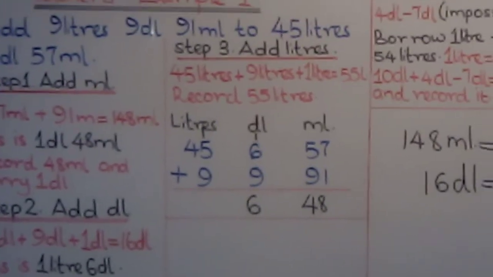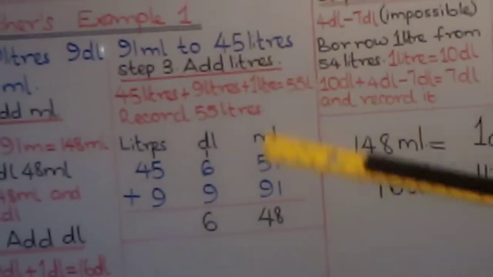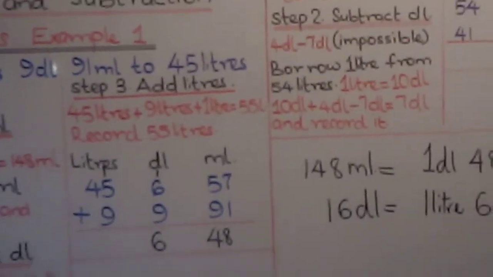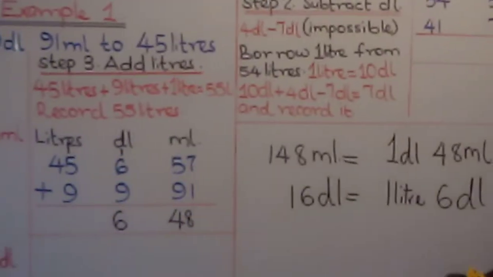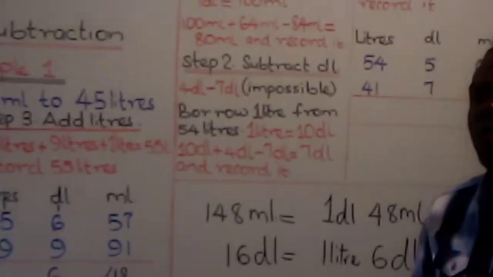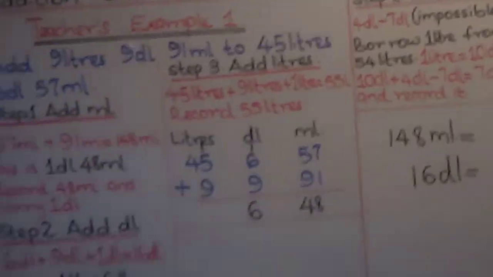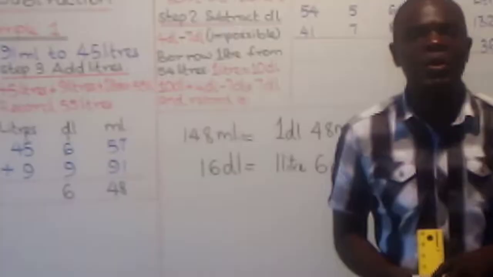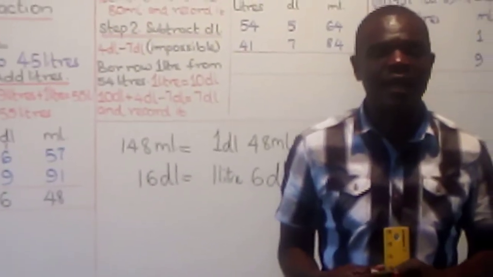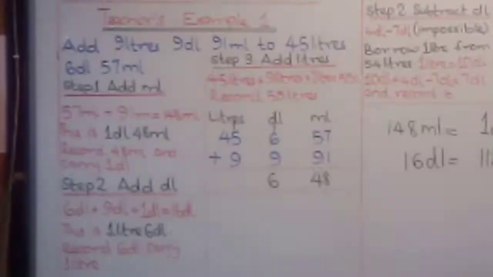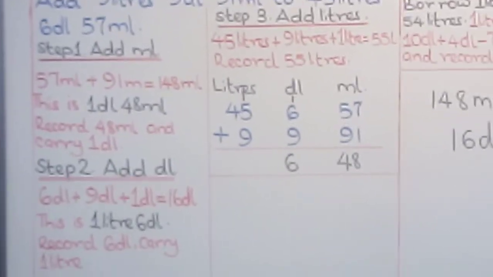We go to step number 3, add liters. Boys and girls, the liters are 45 liters plus 9 liters plus 1 liter that we had carried. What do we get when we add the 3? Yes, Rebecca. Very good. We will get 55 liters.